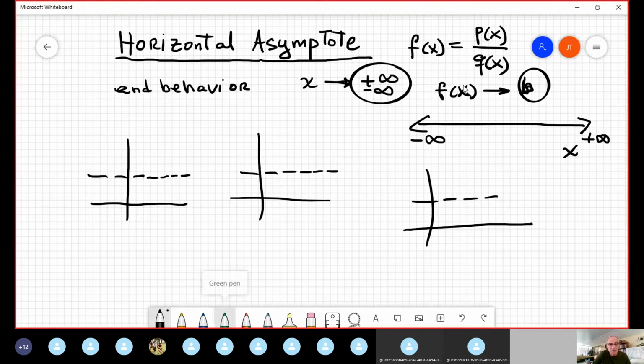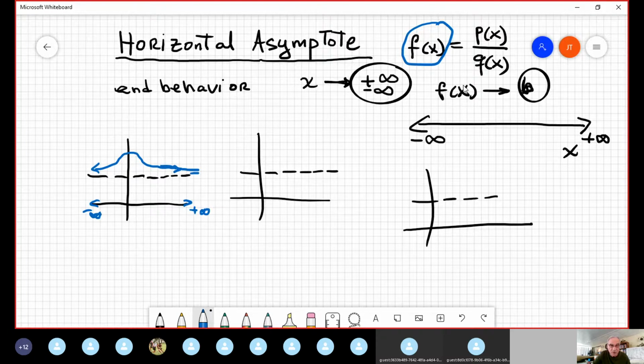We see more in detail later, but for example, suppose something like that. This blue curve is the rational function, maybe. When you approach positive infinity or negative infinity, the curve approaches but never touches. Well, never, no, sometimes it touches. Let's see, one touches and one doesn't touch.